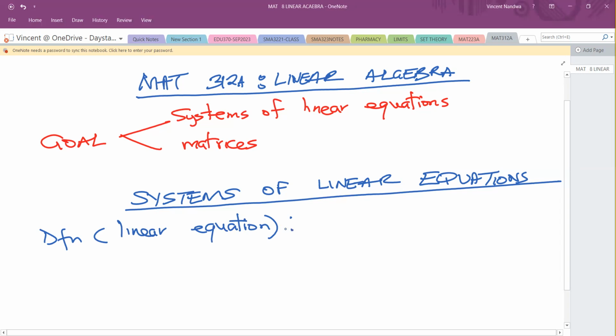So a linear equation in n variables is an equation of the form a1x1 + a2x2 + ... + anxn = b.